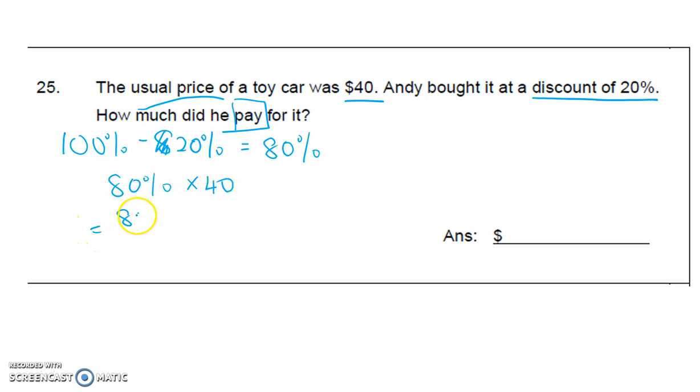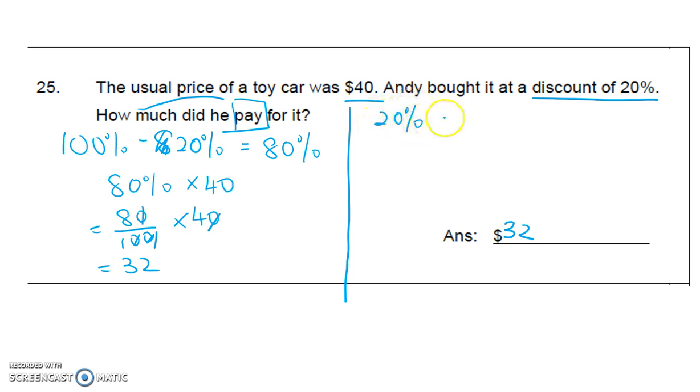It is 80 over 100 times 40. Cancel, 8 times 4, I get 32. Giving my answer as $32. That's one way of doing it. Another way is you can find how much the discount is first.